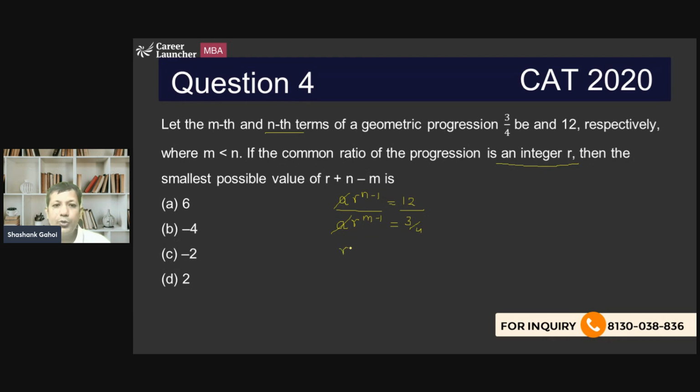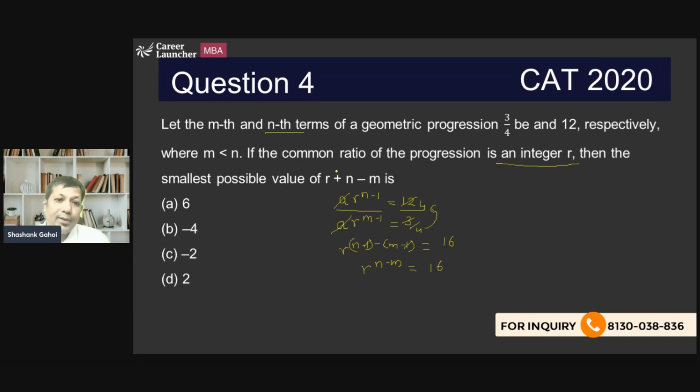So what I'm going to get is r power (n minus 1) minus (m minus 1), and that is equal to 3 4s are 12, so 4 goes to the numerator and this becomes 16. Okay, so the minus 1 cancels out, so I am going to get r power n minus m, and that is equal to 16.